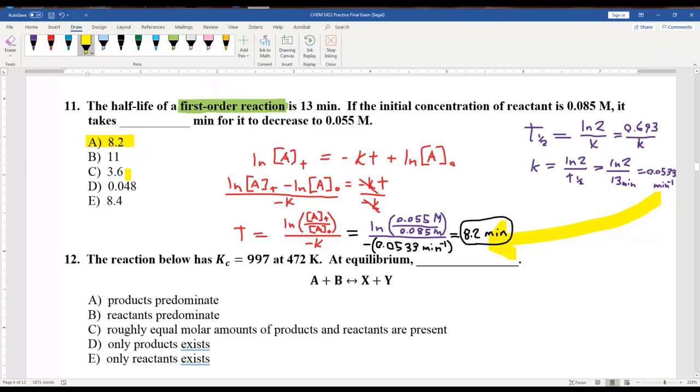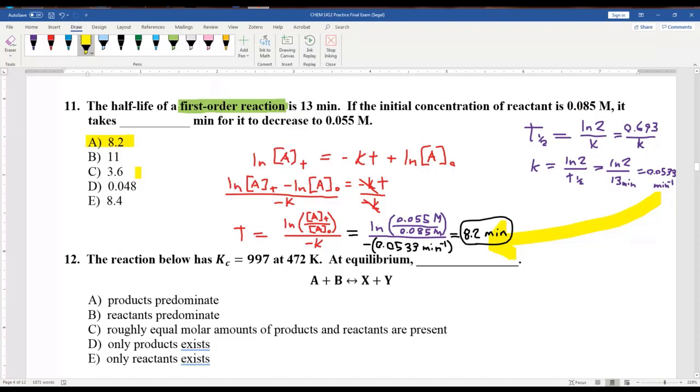But it's certainly not likely to be 3.6 minutes or 0.048 minutes. It's just not enough time. The truth is you really couldn't distinguish between A and E. And you really couldn't even say necessarily B without calculating this.